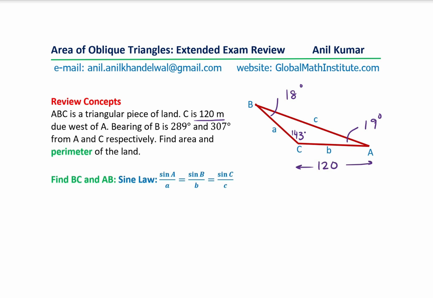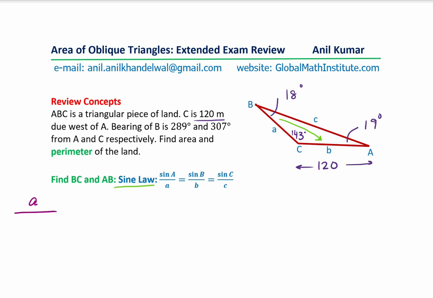The combination which is known is the combination B with the opposite side. And therefore, we can use the sine law. So we're going to now apply the sine law to find the sides. Since we know this combination, we can find all other sides.